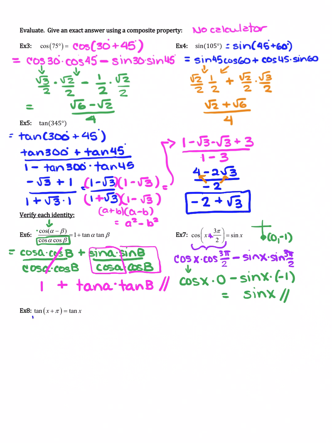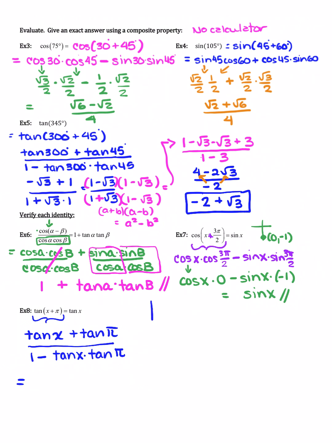Same thing down here. I will work on this side. So it starts off as if you are distributing, which you're not, but that's how it looks, all over 1 minus the product, tan x times tan pi. And then we evaluate.